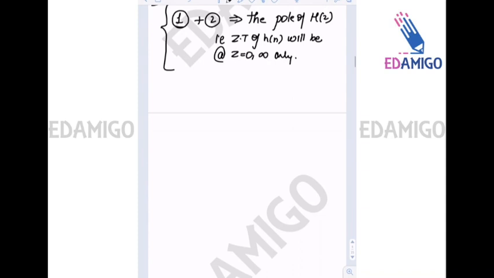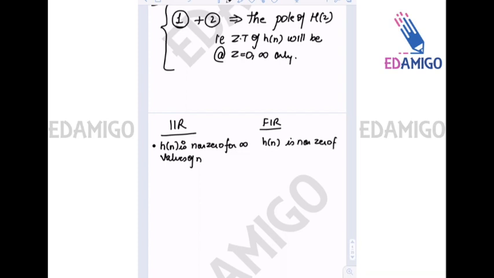So if I write the conclusion, a very important conclusion that might be asked in a statement format: here, for IIR, h[n] is non-zero for infinite values of n, while for FIR, h[n] is non-zero for finite values of n.